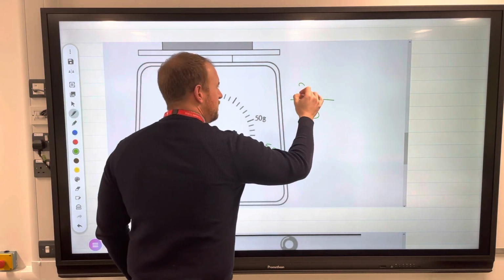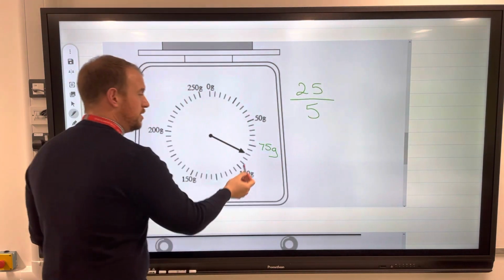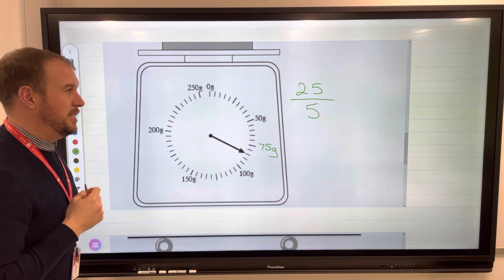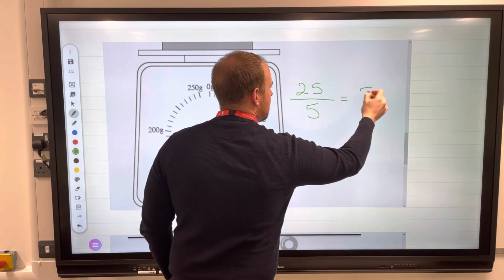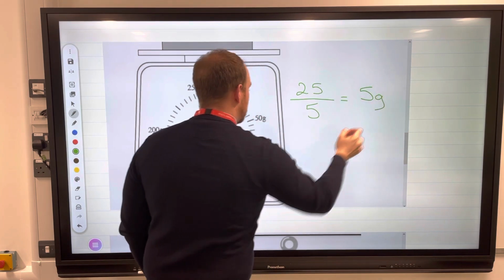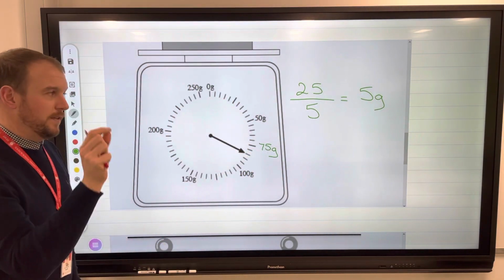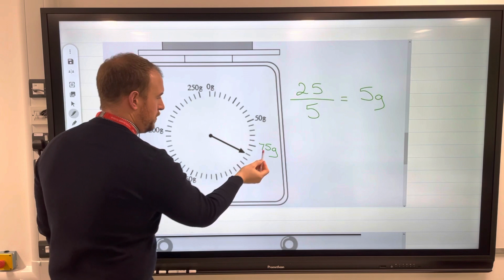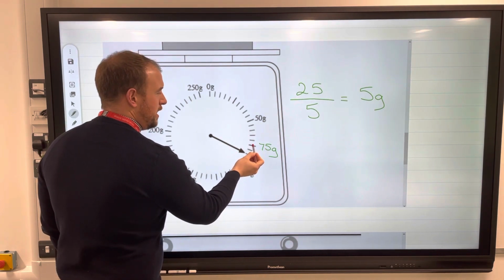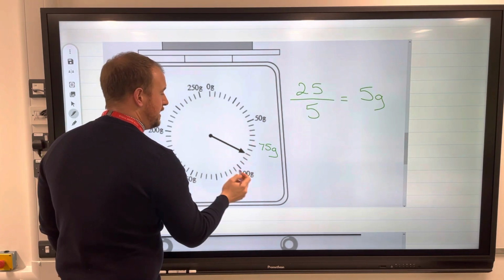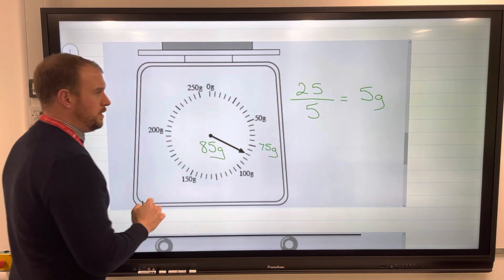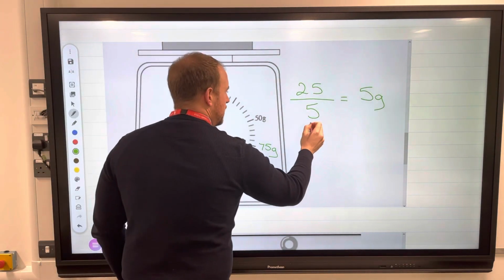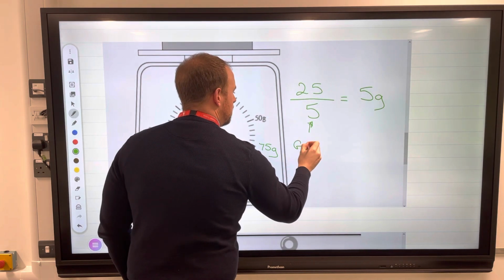Well, that'll be 25. Because 100 subtract 75 is 25. 25 divided by 5 is 5 grams. So each little line, each interval is worth 5 grams. But this is 75, 80, 85 grams. Remember, this here is the gaps.